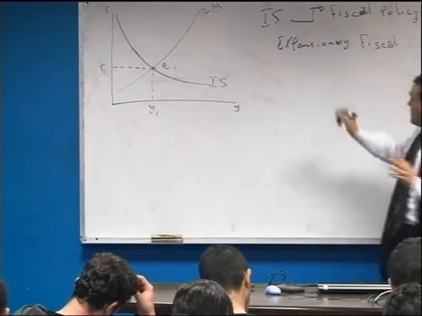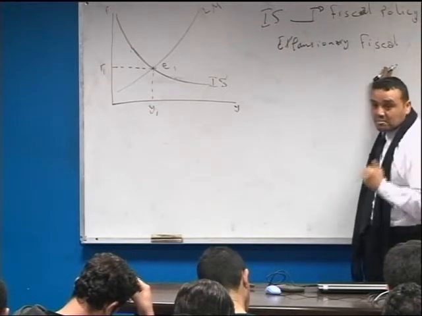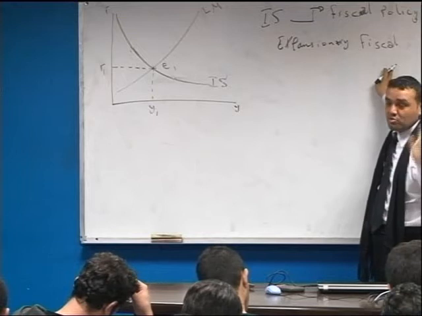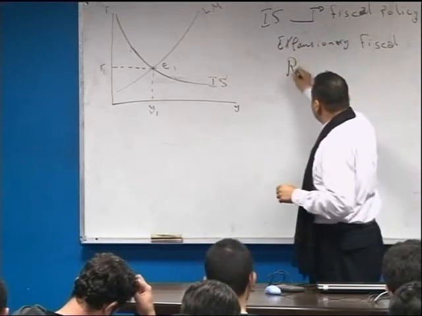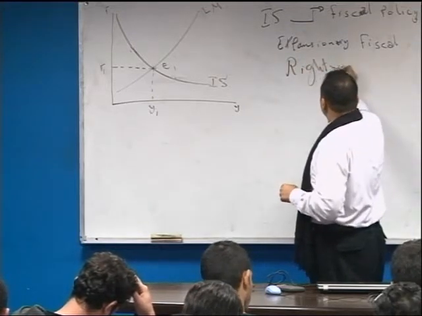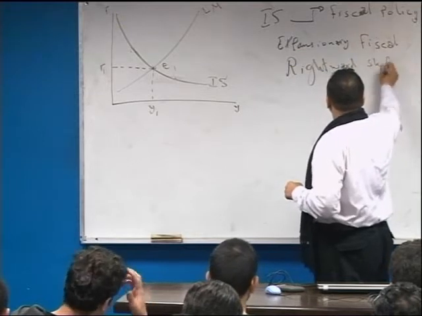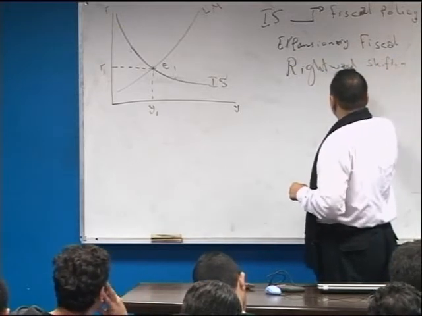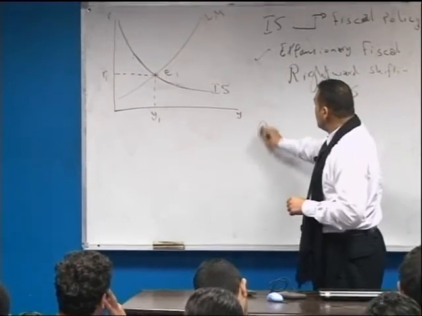Rightward shifting. Expansionary fiscal policy causes a rightward shifting of the IS.